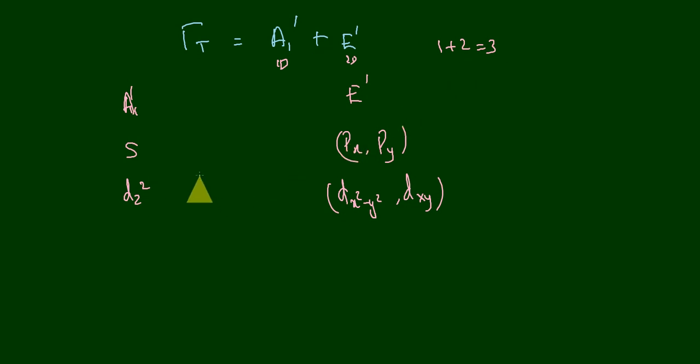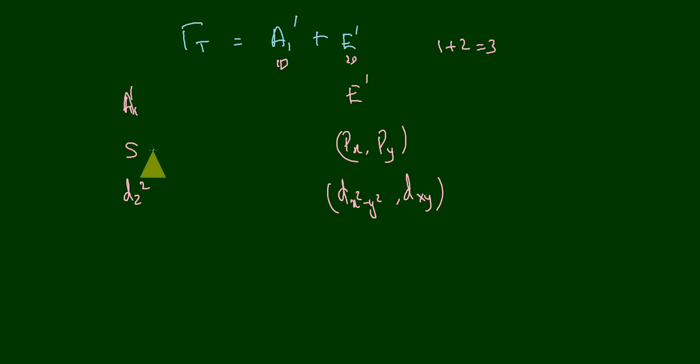Okay, now these are the possibilities. We have χΓ equal to 1A1' plus 1E'. It means at a time we have one of the choices from A1' and one of the choices from E'. So it can be s from here and px and py from here, and then s from here and dx² − y² and dxy here.